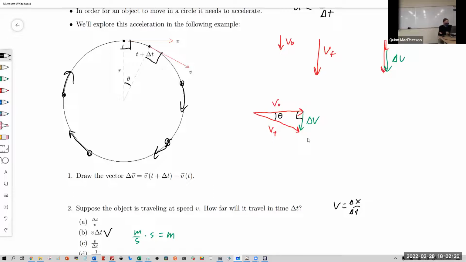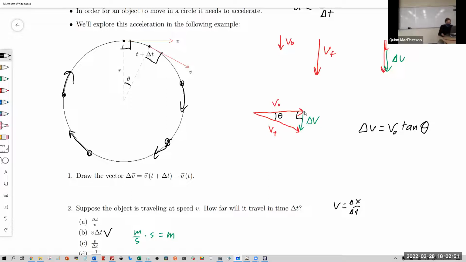Then delta v is equal to v naught tangent theta. Agreed? Tangent is opposite over adjacent.